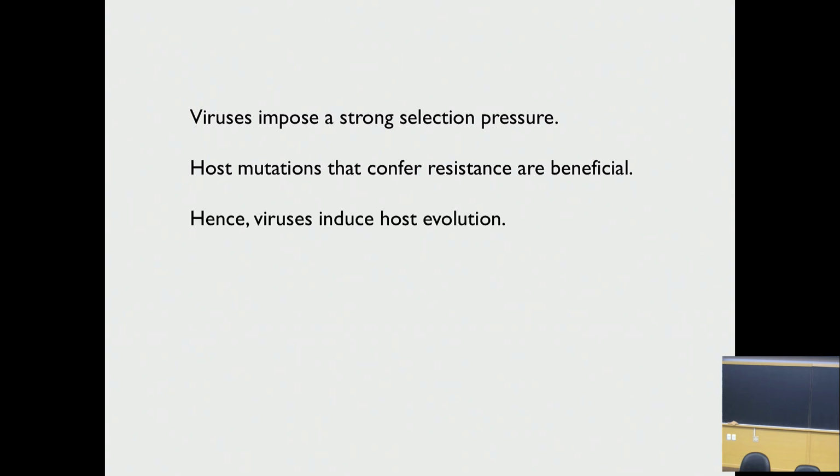Let me just finish one more thing, and then I'll take the question. So in a fundamental sense, viruses can induce host evolution, the change in the relative frequency of genotypes within a population. All of a sudden we started from a very low frequency of resistant mutants, and after the exposure to viruses we've totally shifted the population, and that can keep going on and on. And yes, I saw a question, Marcus.